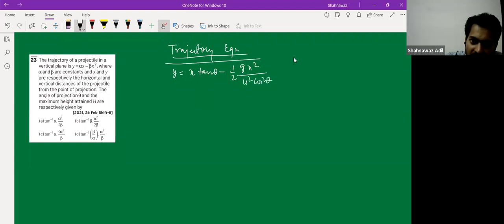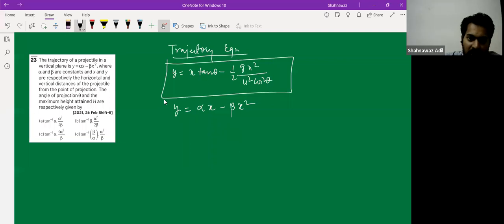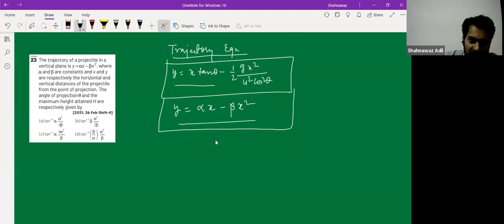So this was the trajectory equation. Okay, and in here they have written the trajectory equation like this. So we can compare this one and this one, right?